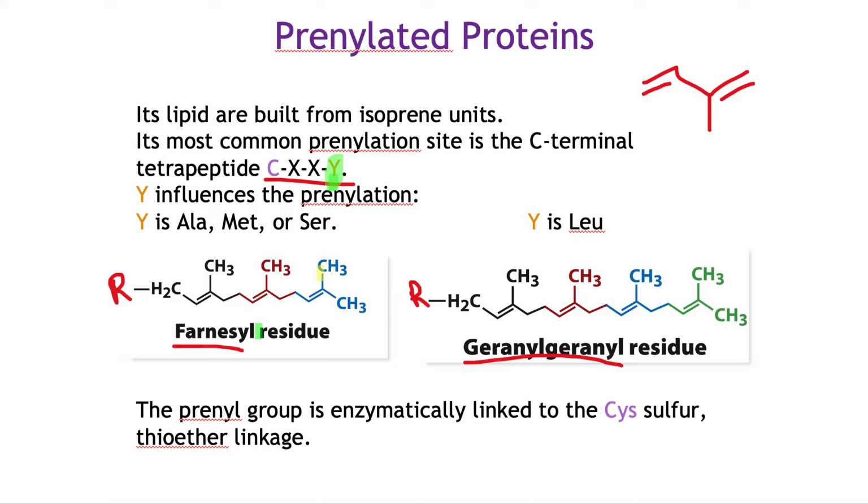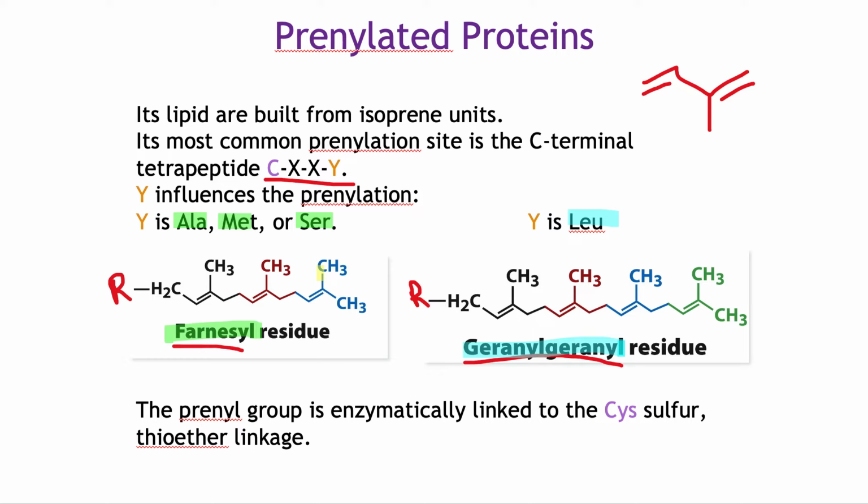If Y is either an alanine, a methionine, or a serine, a farnesyl residue is attached. Whereas if Y is a leucine, then we get this 20-carbon geranyl residue.